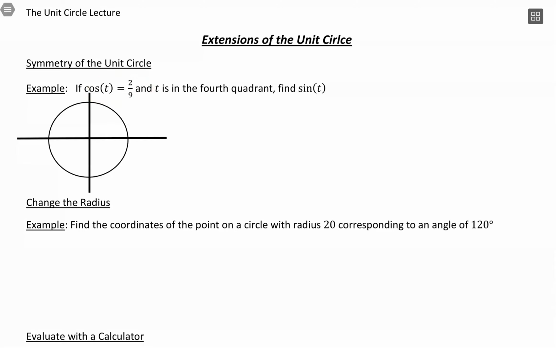So what we have here is this terminal side that's landing at this angle t. So t is actually going all the way around and then lands there. There's our angle t. And at that coordinate, we know our x coordinate is 2/9. What we don't know is what the y coordinate is. So when they're saying find sine, really it's saying find the y coordinate.